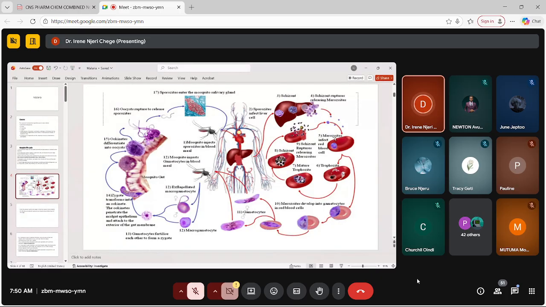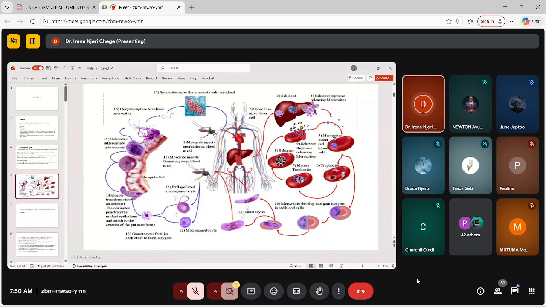Then we have the erythrocytic stage where the merozoites enter the red blood cells, number 5. Some species will remain in the liver, P. vivax, P. ovale. Others will form merozoites that infect the blood cells, causing the erythrocytic stage. Those merozoites enter the red blood cells, causing what we call the early and the late trophozoites.